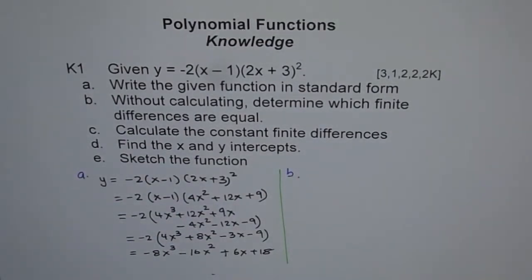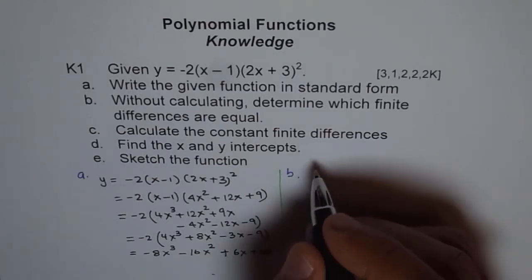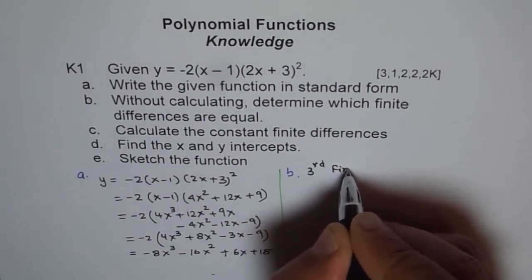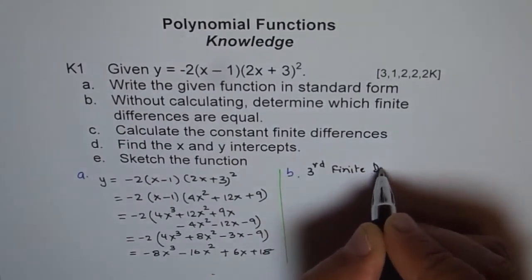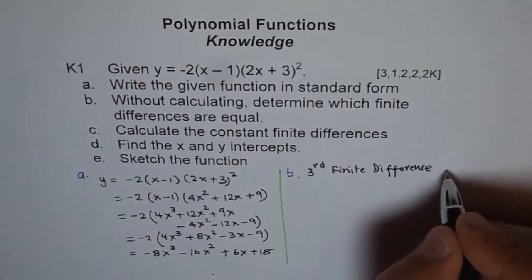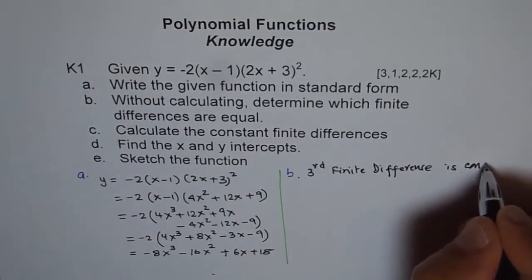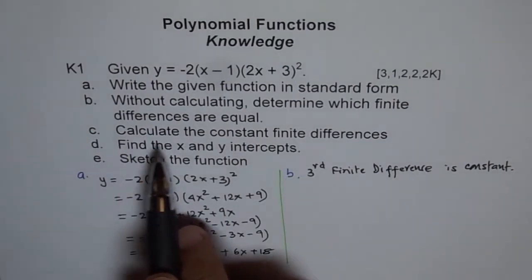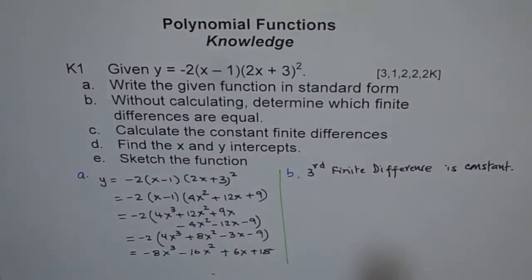Without calculating, determine which finite differences are equal. So what is the degree? Degree is 3, right? So the third finite difference is constant, or equal. Now, calculate the constant finite difference. This is tricky.